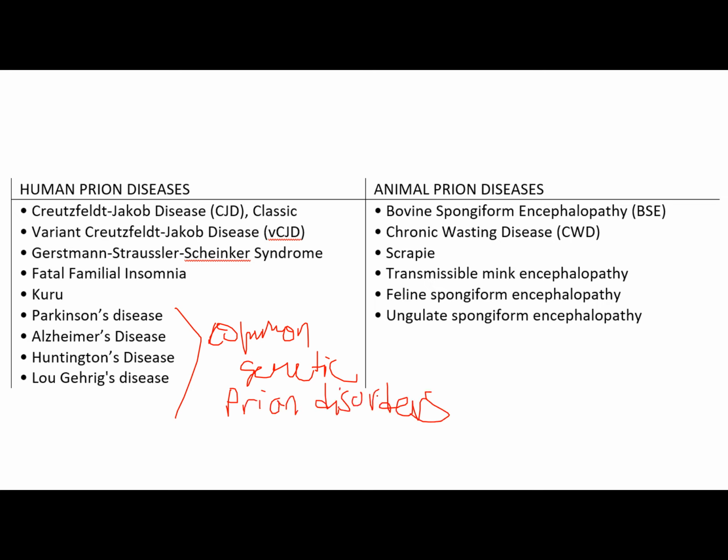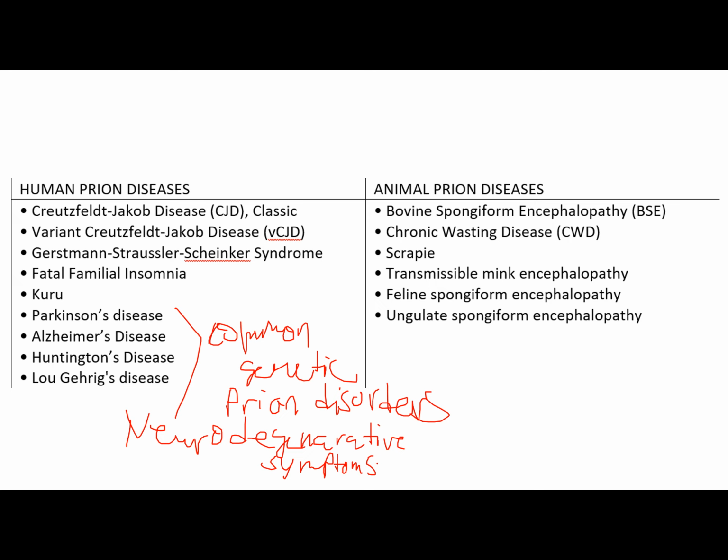disorders. Sa mga characteristics ng class, yung Parkinson's, yung Alzheimer's, yung Huntington's, and your Lou Gehrig's, all of them would cause neurodegenerative symptoms. Diba sa Alzheimer's, you tend to forget things. Sa Parkinson's, you would have abnormal control on your muscles and so on.